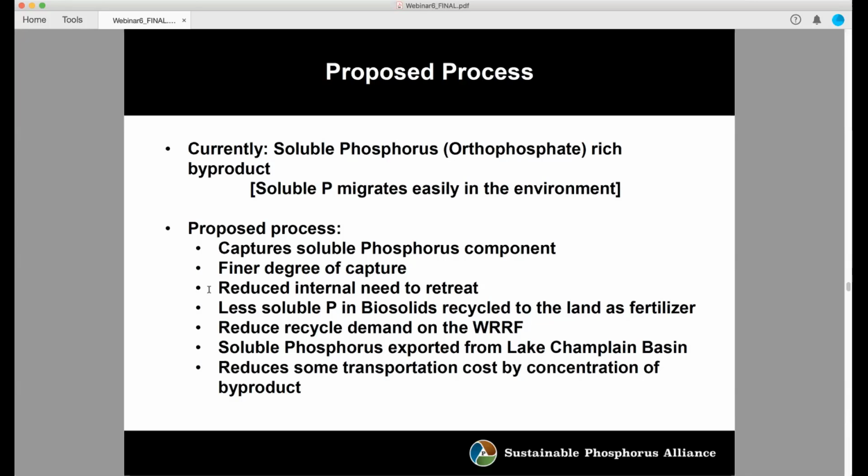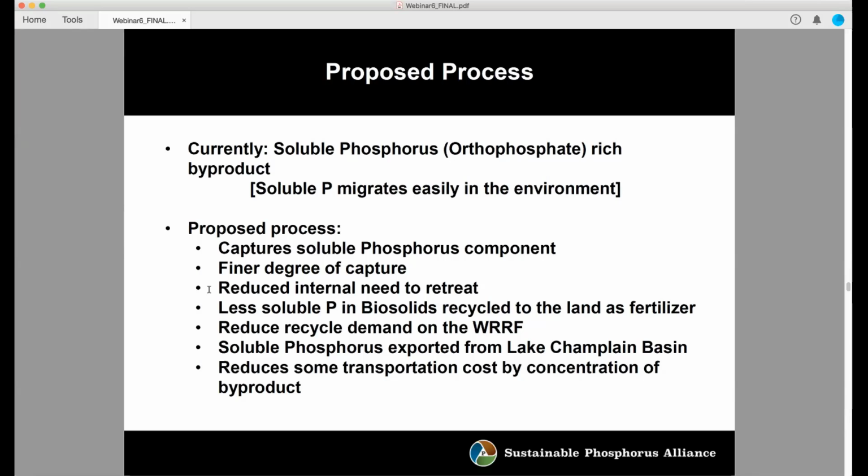Another advantage is there will be less soluble phosphorus in the biosolids, which are also a valuable byproduct from these wastewater treatment facilities. And as you all know, if you were to transport this soluble phosphorus to a different location, the majority of it is water, and the mass of water to transport is very, very expensive.